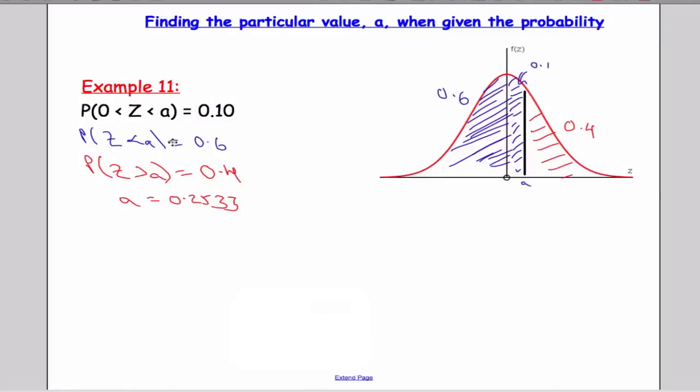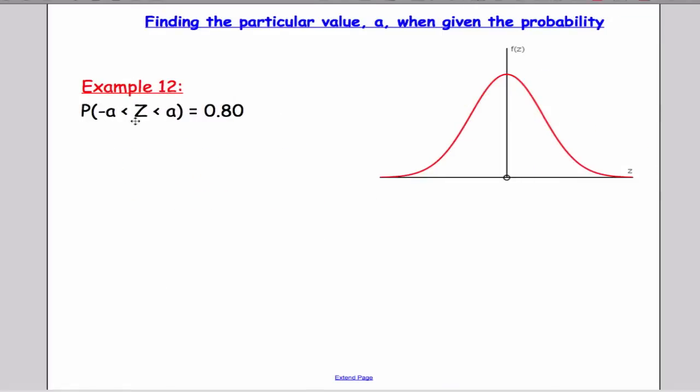Okay, one more example to go. What about minus a less than z less than a is 0.80. So again, let's draw our diagram. Call that a, call that minus a, and I know that the total area chopped between those two lines is 80%, or 0.8.